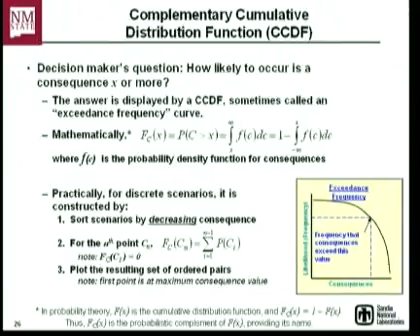And then the plotting is just the set of ordered pairs. This probability sum is the y value, and the consequence for that point is the x value. And so we start at the lower right-hand portion of the graph and work back up to develop this exceedance frequency curve.